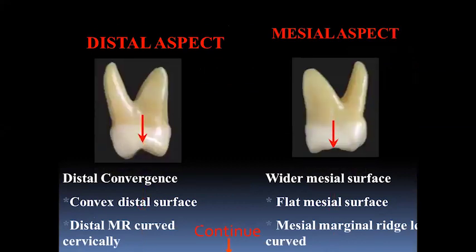Distal aspect: distal convergence, convex distal surface, distal marginal ridges curved cervically. Mesial aspect: wider mesial surface, flat mesial surface, mesial marginal ridges less curved.